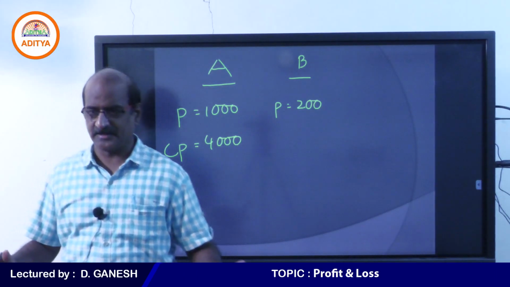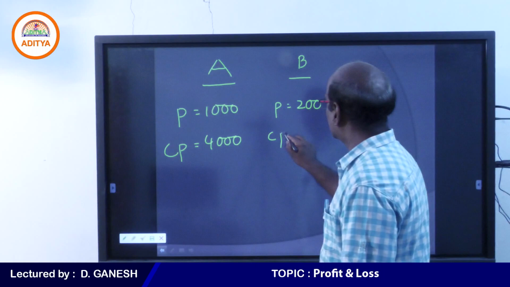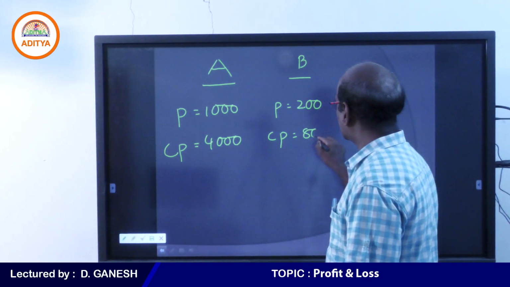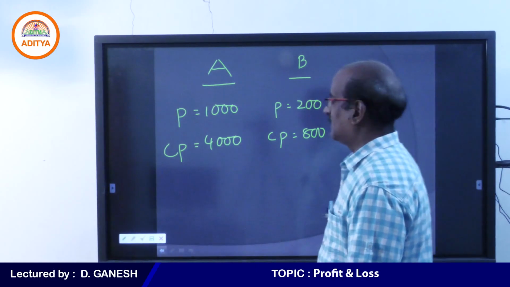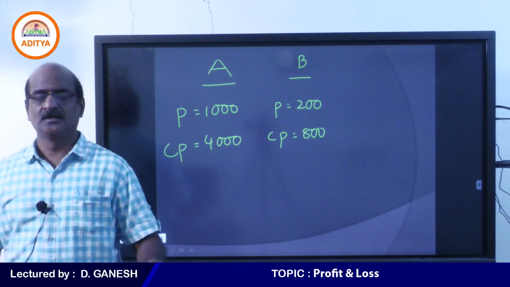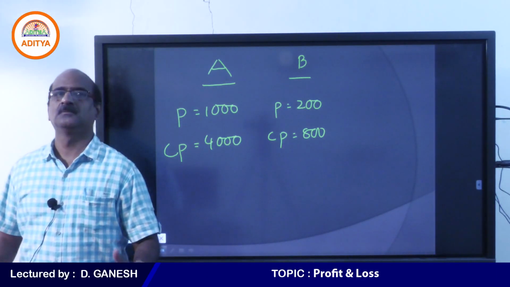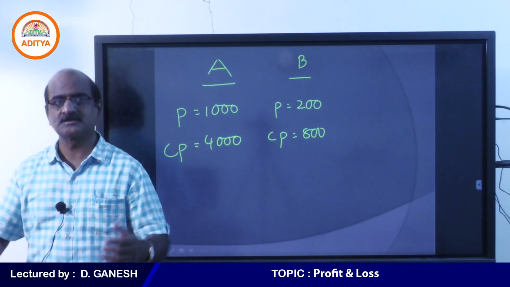Now, come to B. B bought the same item for 800 and sold at a profit of 200. Now compare A and B. Who gets more profit?